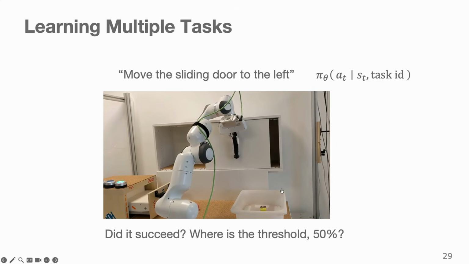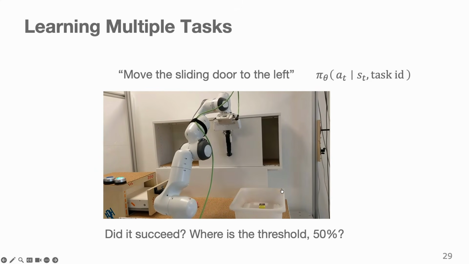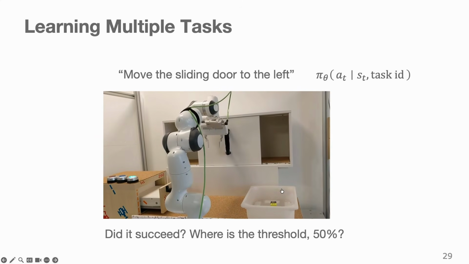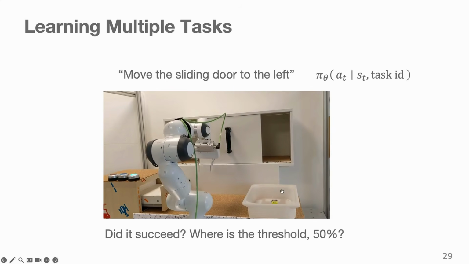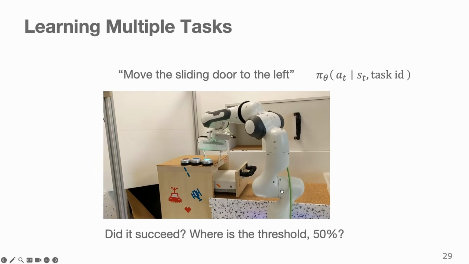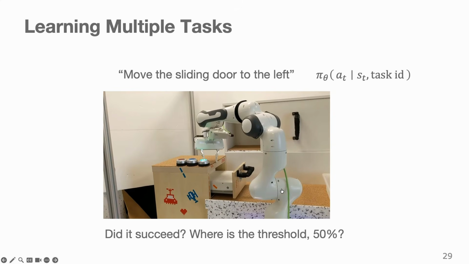So in this example, the robot moves the sliding door around halfway. So what does this tell us? Did it succeed or not? If we do a poll, probably some of you will say, I think this is good enough. Others will say, no, it should be closed all the way, right?